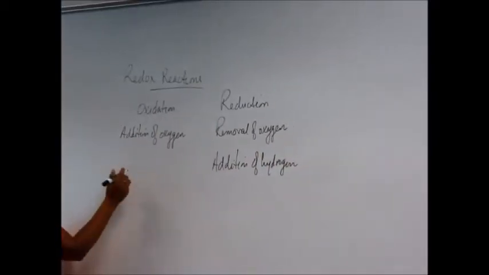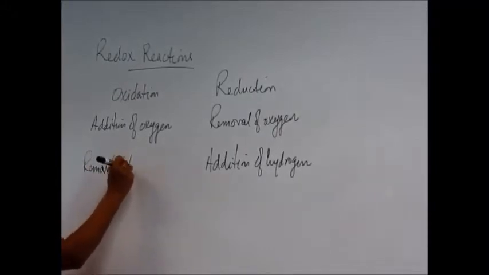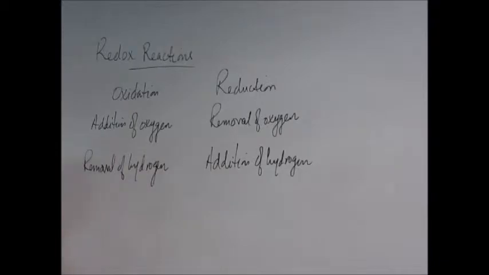So oxidation must be then removal of hydrogen. This is all well and good if you have oxygen and hydrogen in your reaction. But if you don't have oxygen and hydrogen in your reactions, or there's no way for you to figure it out, then you need some other way.